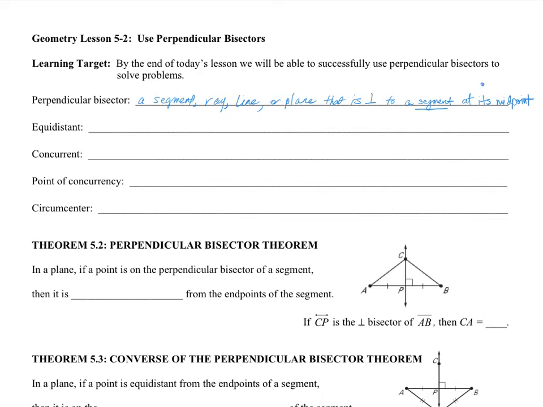So we're talking about a segment here, and let's just use a line here. This line bisects the segment at the segment's midpoint.